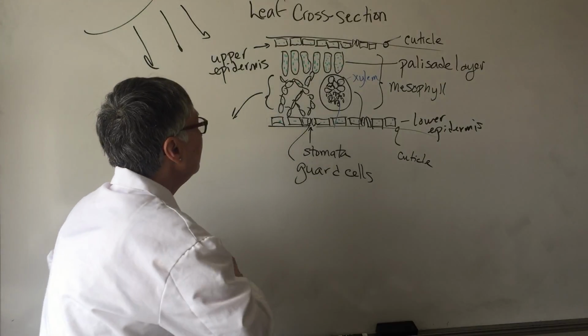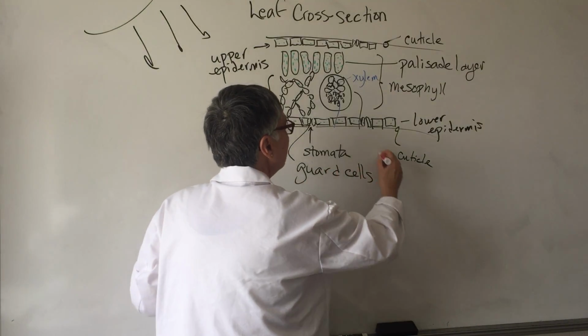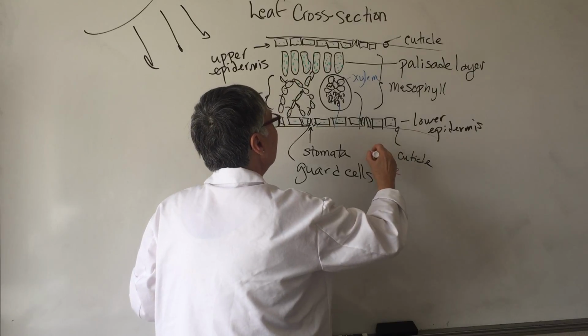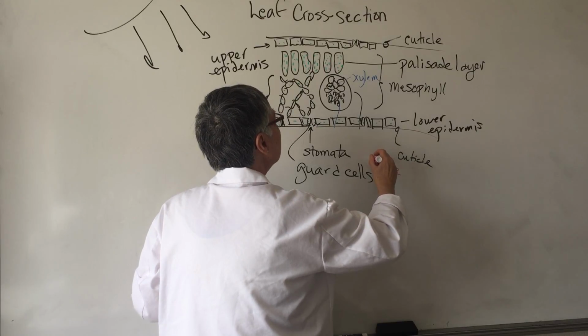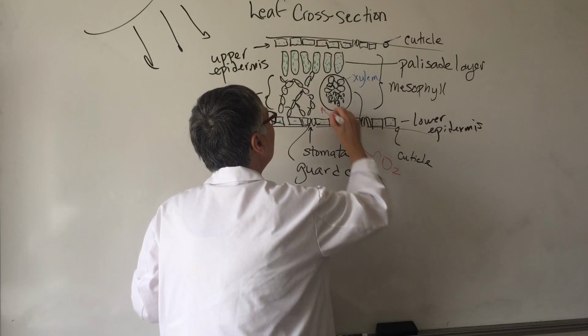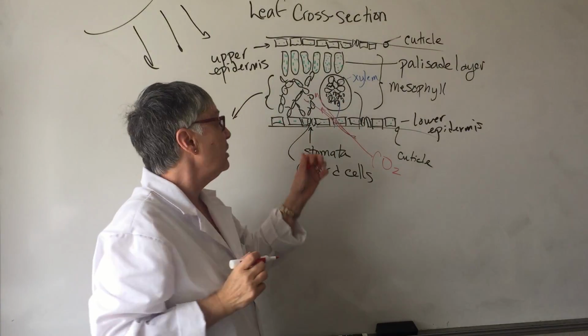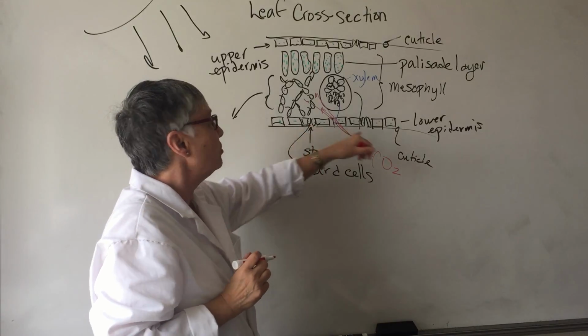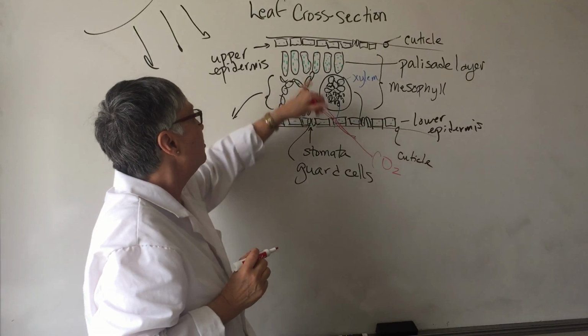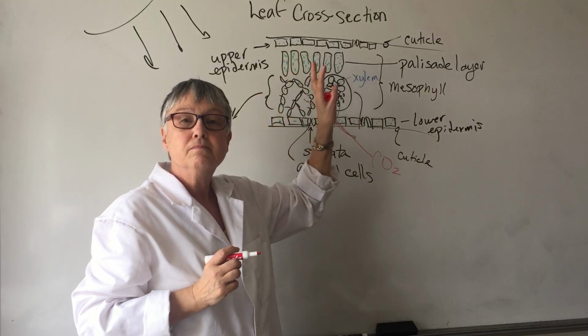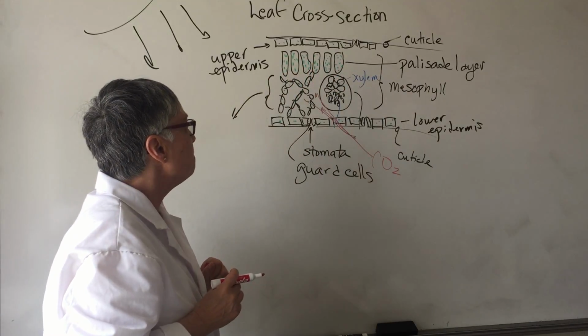Remember that we're going to have CO2 molecules that are necessary for photosynthesis. They're going to be able to diffuse through the stomata into the spongy area of the mesophyll.